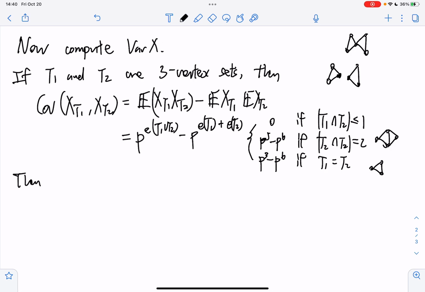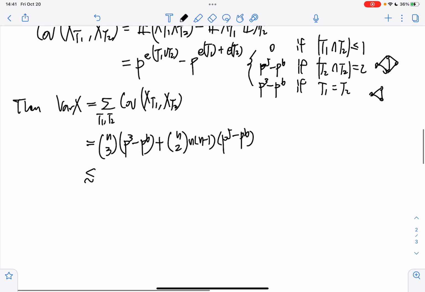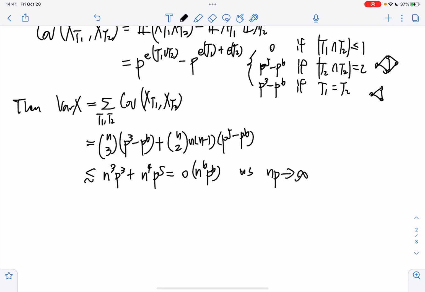Then we can see that the variance of x is the sum over all T1, T2 of their covariance, which equals n choose 3 times p cubed minus p to the 6th, plus n choose 2 times n minus 2 times the covariance in this case. This will be bounded asymptotically by n cubed p cubed and n to the fourth p to the fifth, which is little o of n to the sixth p to the sixth, since np tends to infinity.